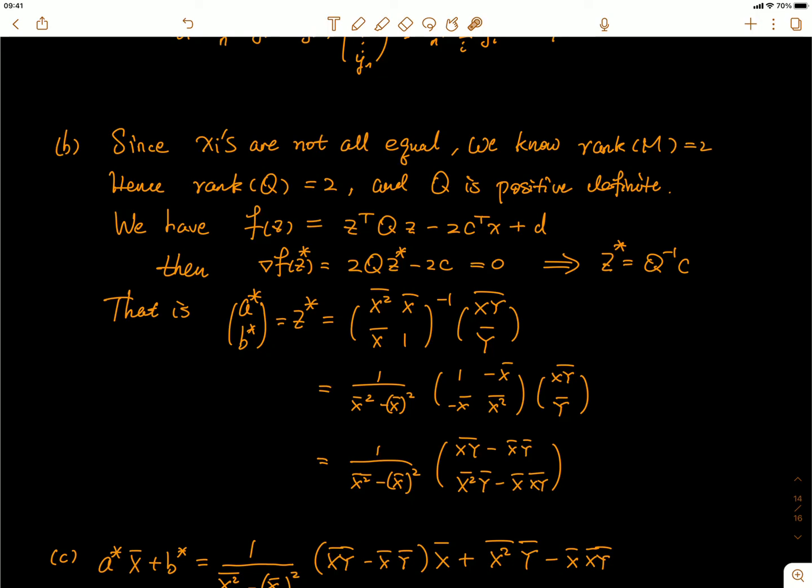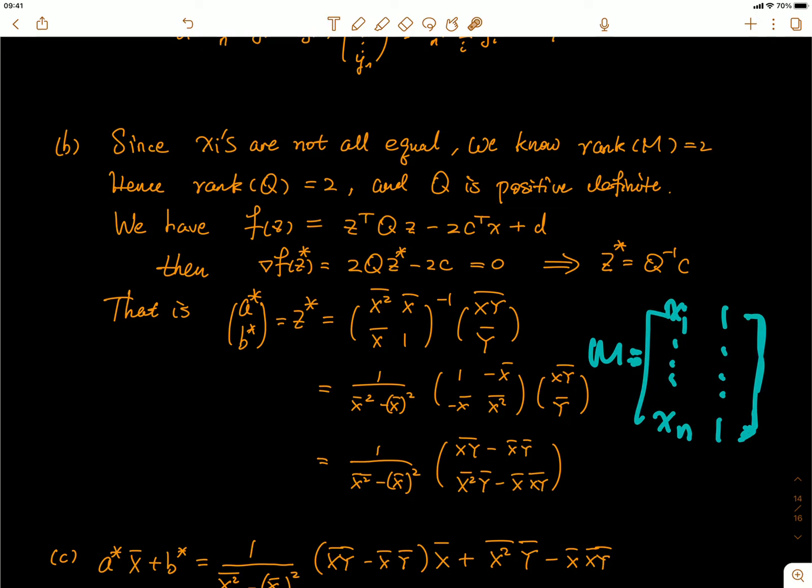So apparently there's only one point that can satisfy this, because the Q, remember the Q is built from this x1 to xn and the ones, right? Because all the x's are not all equal, these two columns are not linearly dependent, right? The first column is not some multiple of the second column, which are ones. This means that this matrix M actually has full column rank, which is 2.